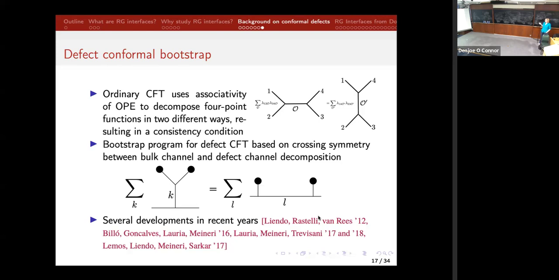But this is something that is very useful in extracting OPE coefficients and scaling dimensions, especially because often we'll deal with a perturbative defect where these sums will truncate in some way. So you could solve order by order in epsilon, for example.